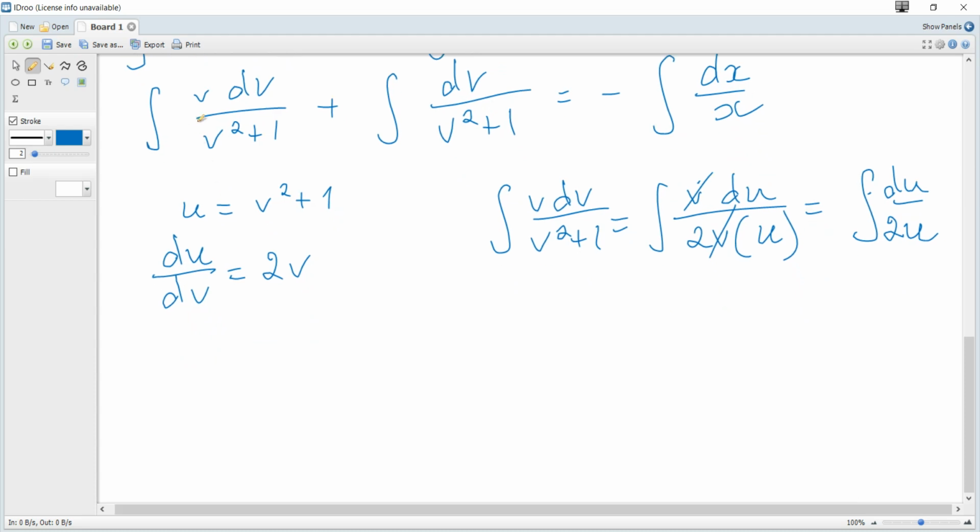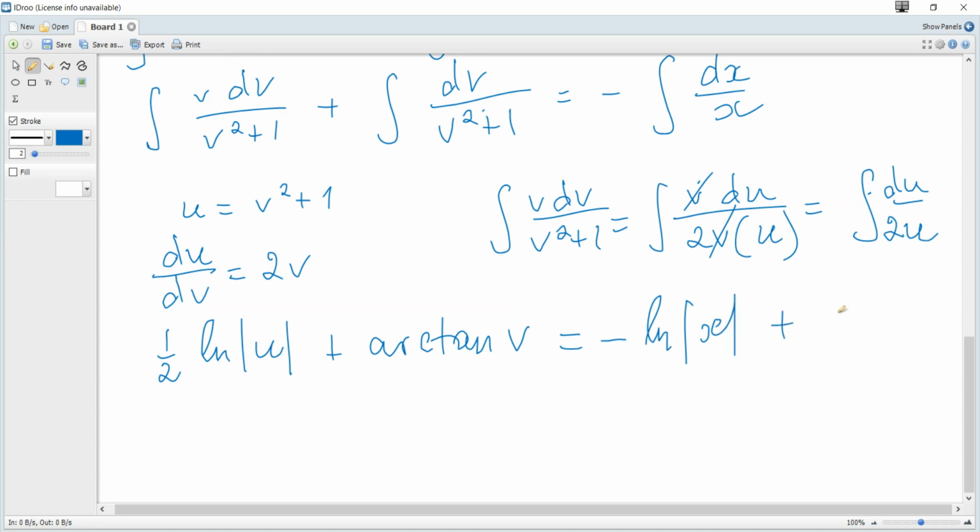So finally, this integral is equal to what? du over u, it's ln u, so it's half ln of the absolute value. You notice that in general integral 1 over x is ln of the absolute value, plus arctangent of v is equal to minus ln of the absolute value of x, and somewhere must be plus constant. There must be a constant.